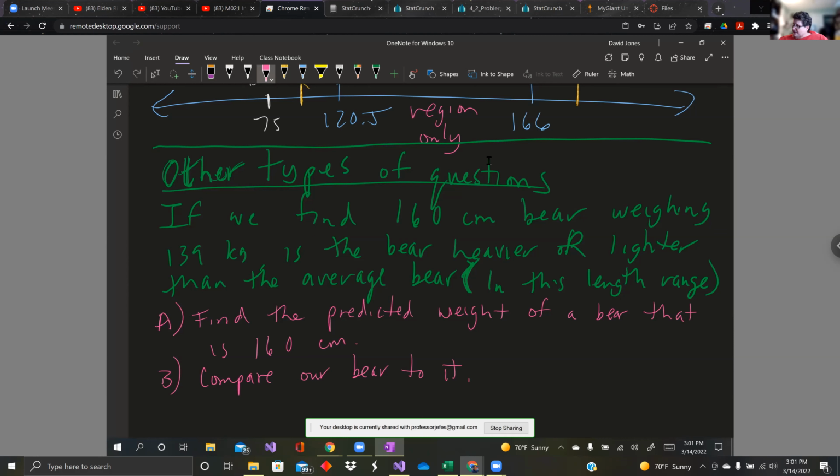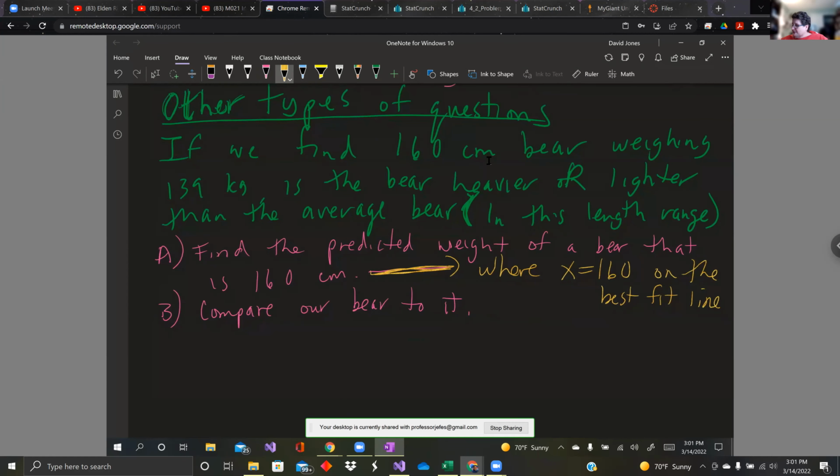This predicted value is where x equals 160 on that best fit line. And rather than just eyeballing it, we can calculate it. It's a pretty easy calculation. The equation was 1.69x minus 142.47. We'll just stick in 160.